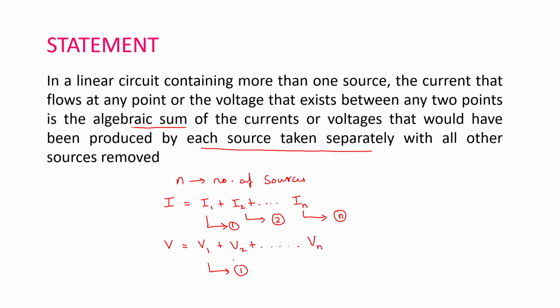At that time you should remove all other sources; only source 1 should act. Similarly, V2 is the voltage across the element under consideration because of only the second source acting in the circuit, till Vn. So this is what the superposition theorem states.